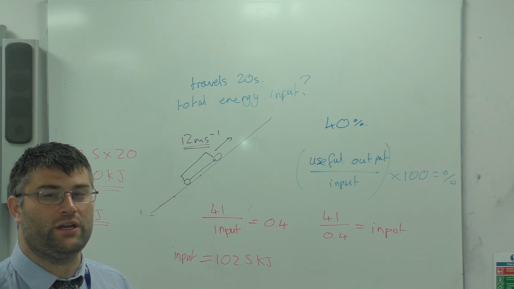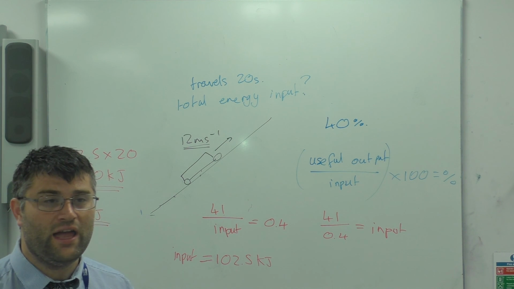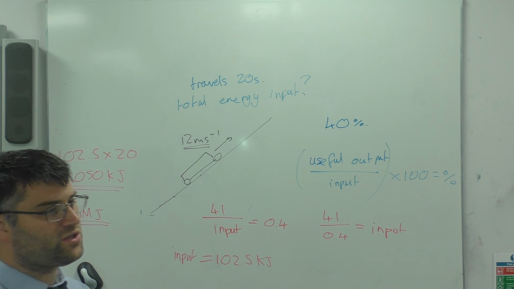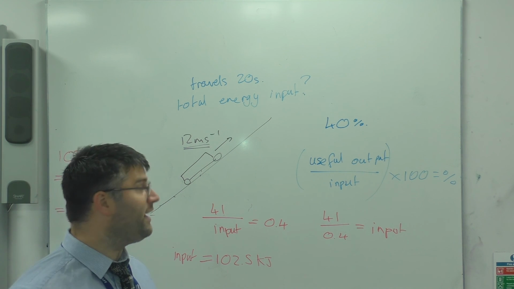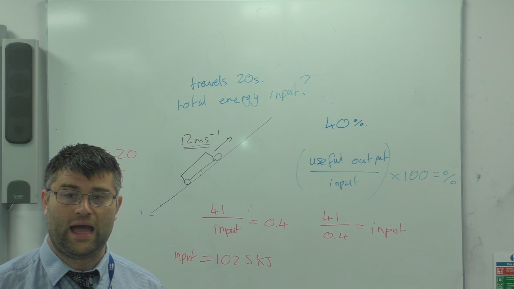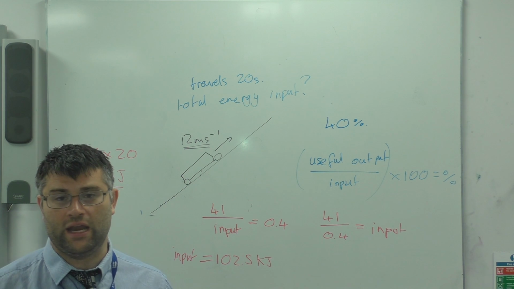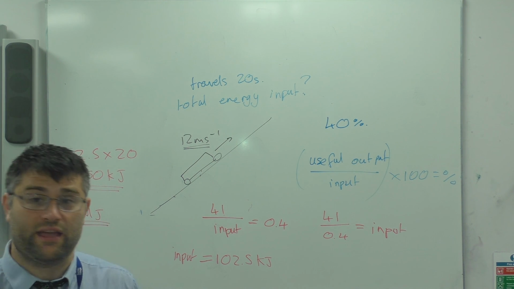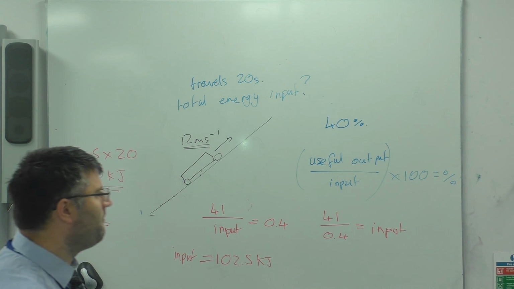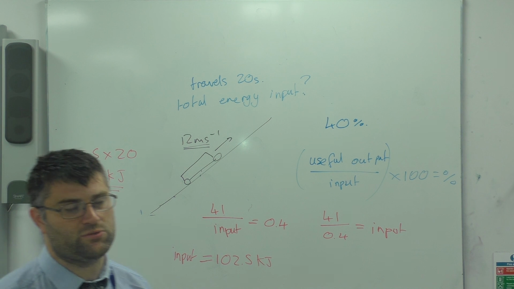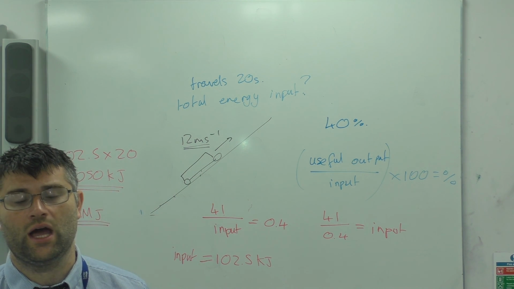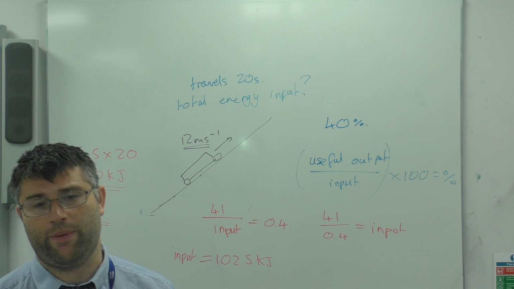So if you ever see the wording energy per second, or if you're looking for something that happens every second, remember what essentially you're doing is just putting 1 as the time in any equation. So it's every second, then that's 1 second. And essentially that's what we've done here to allow us to do this. We're saying, okay, well, every second I get this much energy because that's the power.